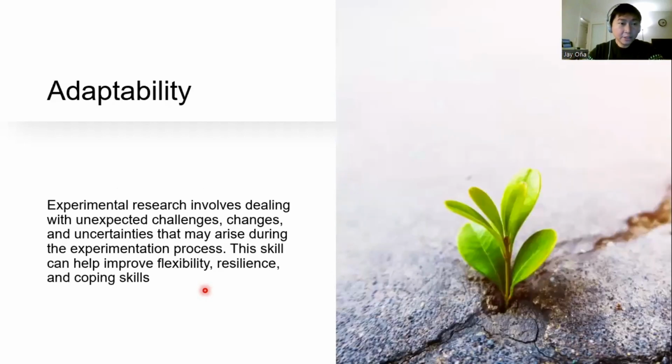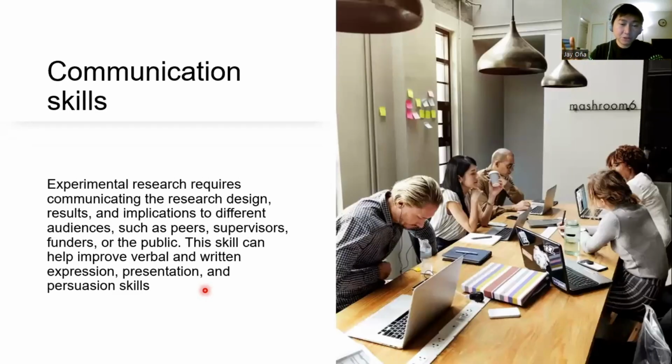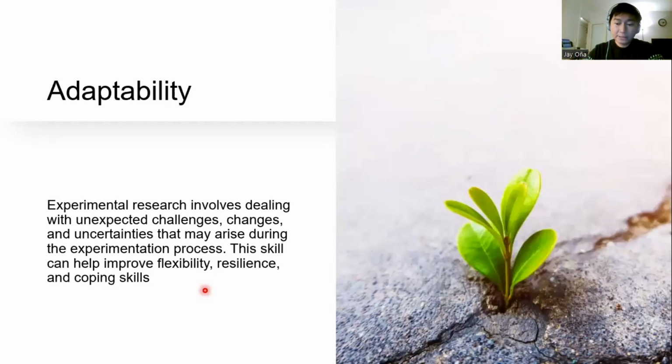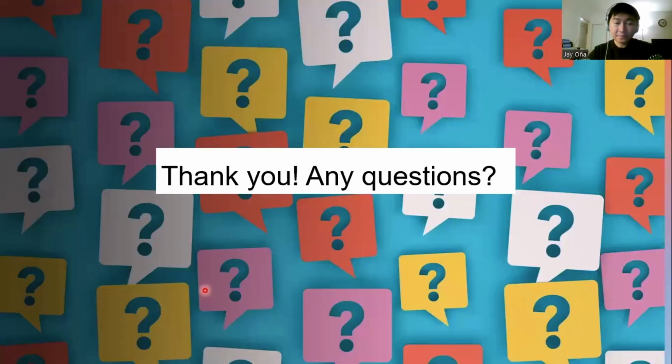So these are some of the soft skills that can be harnessed among our students. And of course, this is not an exhaustive list, and there's still a lot of leg room for that. So this comes to the end of my presentation, and if you have any questions, then I'd be happy to discuss them.